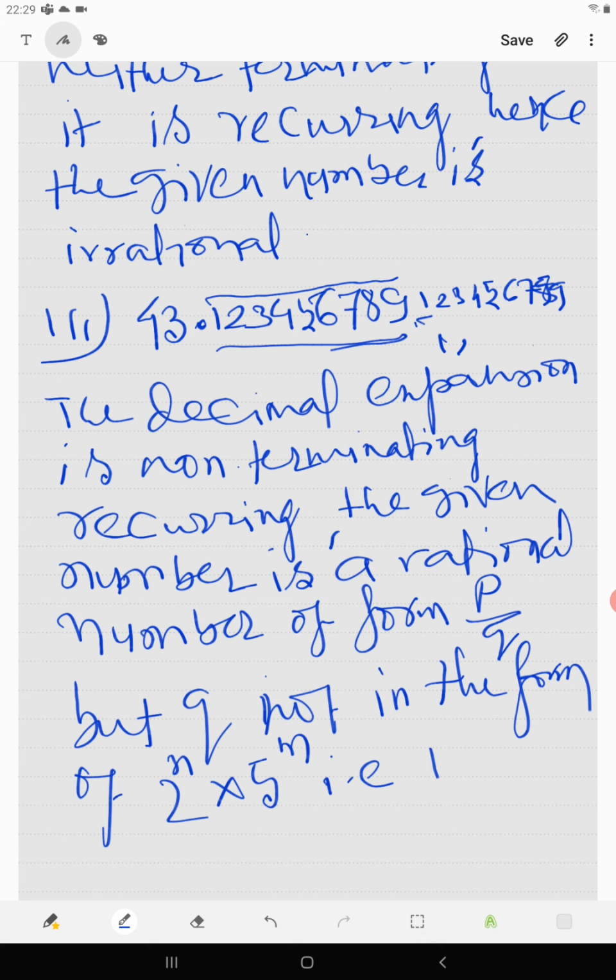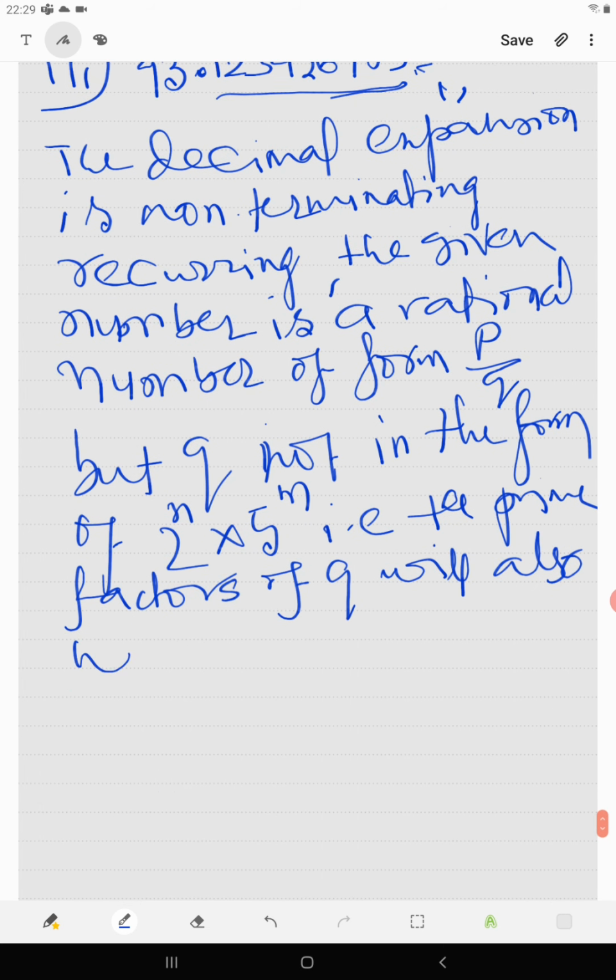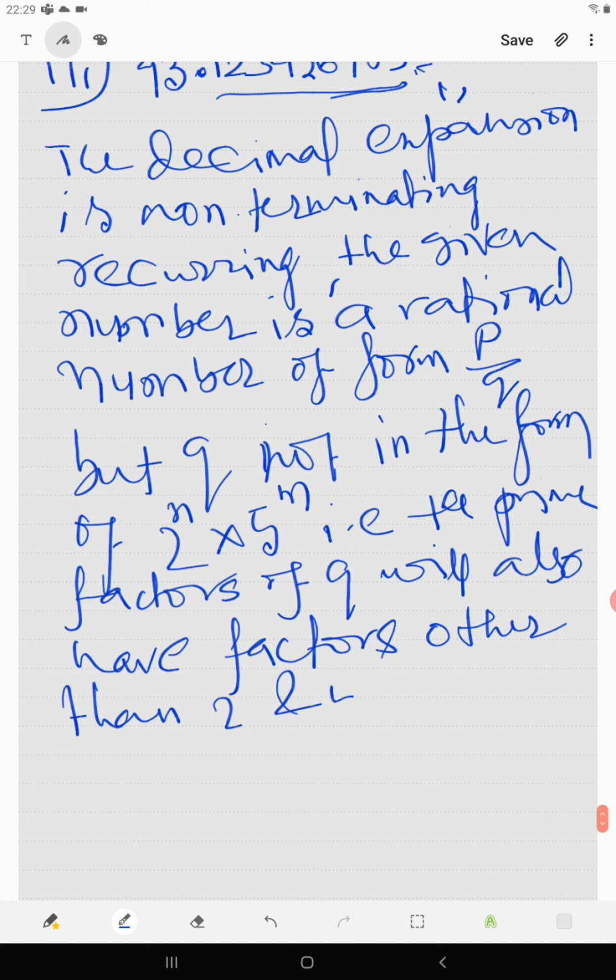The prime factors of q will also have factors other than 2 and 5.